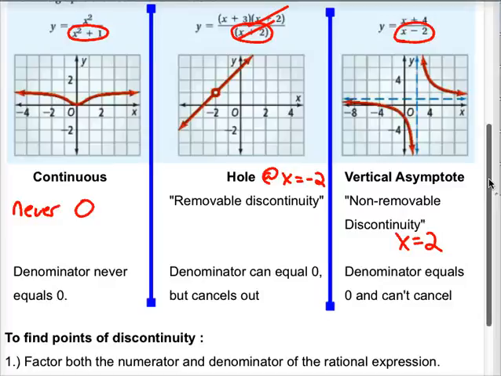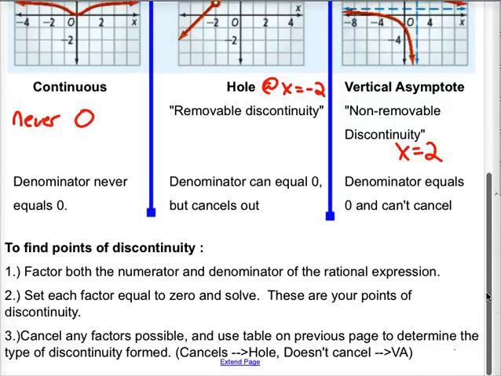And we have to avoid that point, but because it doesn't cancel out, what that means is that there is a vertical asymptote. So that's kind of the basis of this: if it can't be 0, then it's continuous. If it cancels out, that creates a hole. And if it doesn't cancel out, that creates a vertical asymptote.